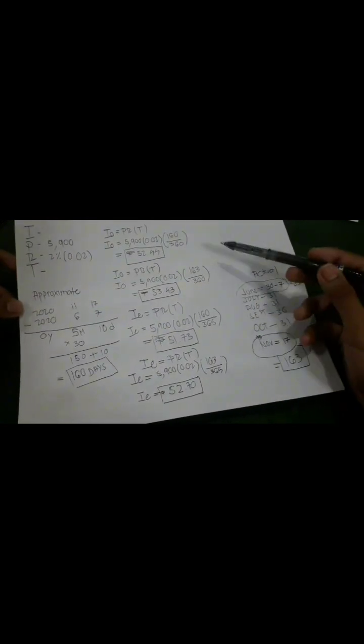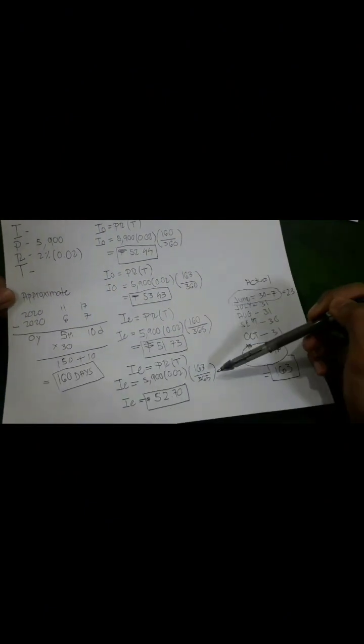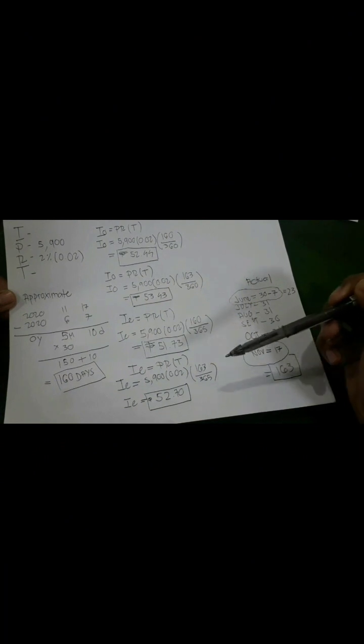And as simple as that. Always take this in your mind. The only difference between ordinary and exact is the days of the year. In ordinary, we will always end up in 360 days, while in exact interest, we will always end up with 365 days. Now, approximate and actual, take this as a note.